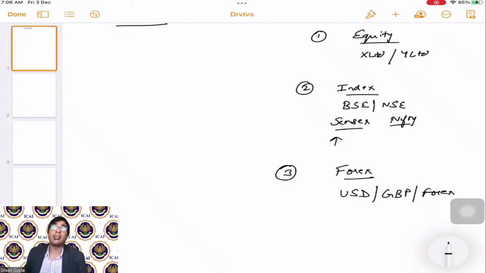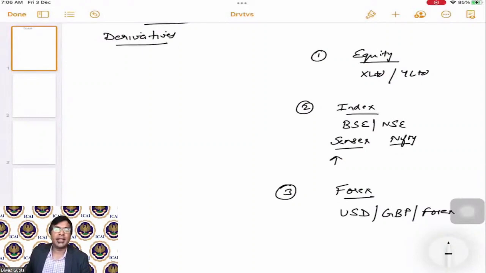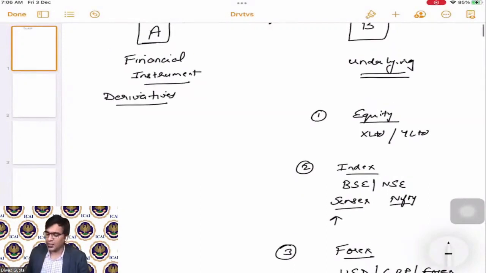All the importers and exporters are buying and selling USDs. Those USDs are as good as any trading security like equity. On that also there is a financial instrument which will derive its value from what is happening in the USD market.